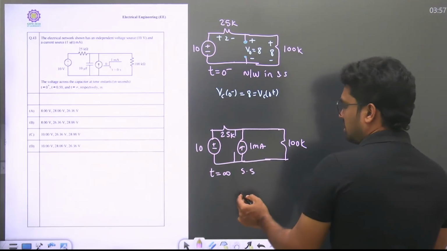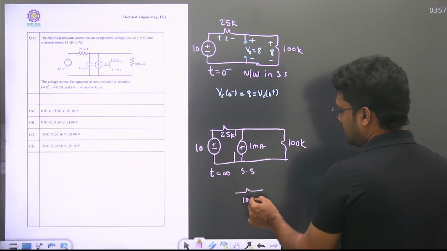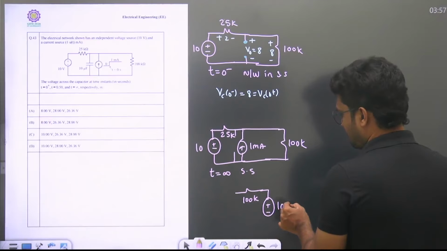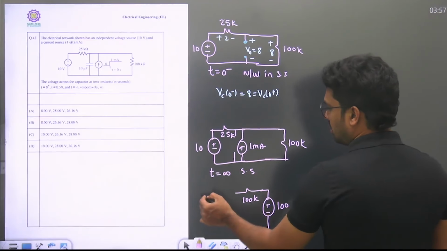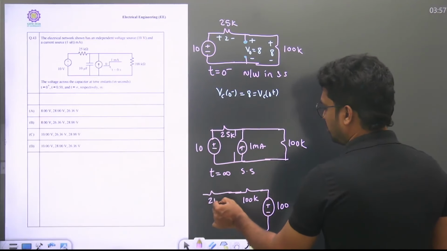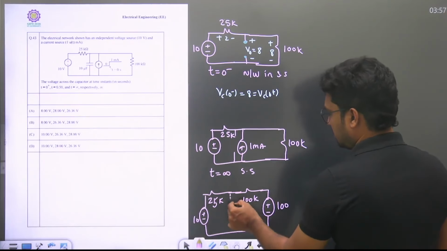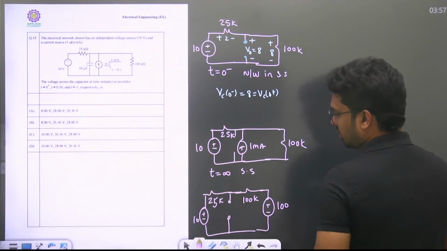You can apply source transformation here, which will make my analysis easier. 100k into 1, and this will be 25k, 10 volts, and this is my capacitor, open circuited.